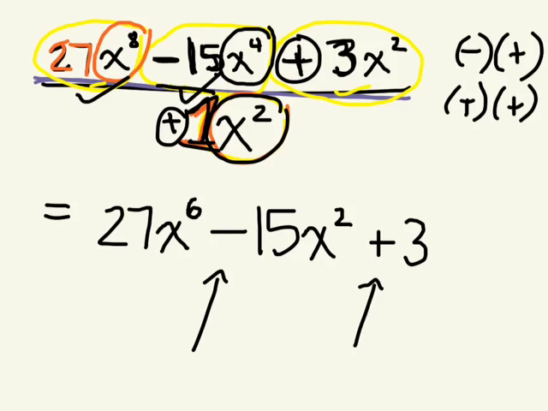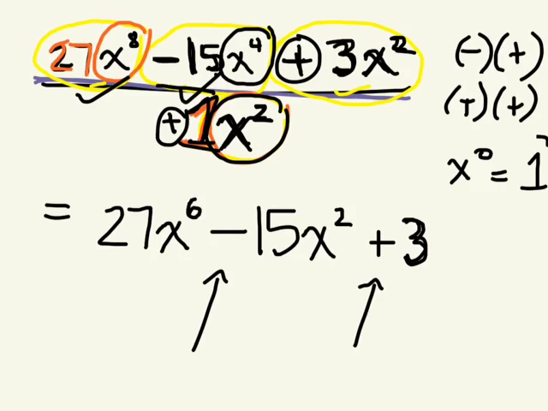Now, what happens here? We have x squared divided by x squared. Remember, anything to the power of 0 equals 1, so 2 take away 2 is 0. Anything to the power of 0 is 1. We have our 3, and 3x squared means 3 times something.